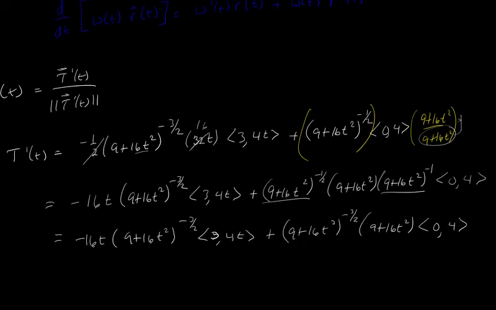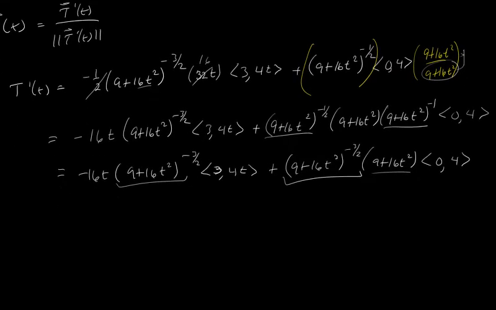And you might be asking yourself, did I really have to multiply this to factor that out? And the answer is no, because what I'm going for is to factor out this (9 + 16t²)^(−3/2). I could have factored it out right off the bat. However, I wanted everyone to see why, when I do that, it left behind a 9 + 16t². So let's factor that out.